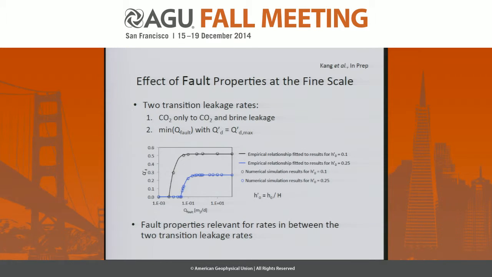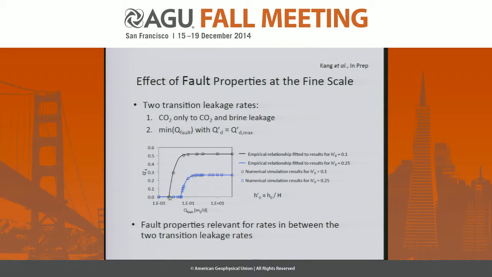Okay, so I'm going to briefly talk about the effect of fault properties. So what I'm showing here in this graph is leakage rate here, and these are steady state solutions. And this is Q prime D, the proportion of the leakage that is brine. So what that means is when you have Q prime D equals 0, all you have is CO2 leaking out.